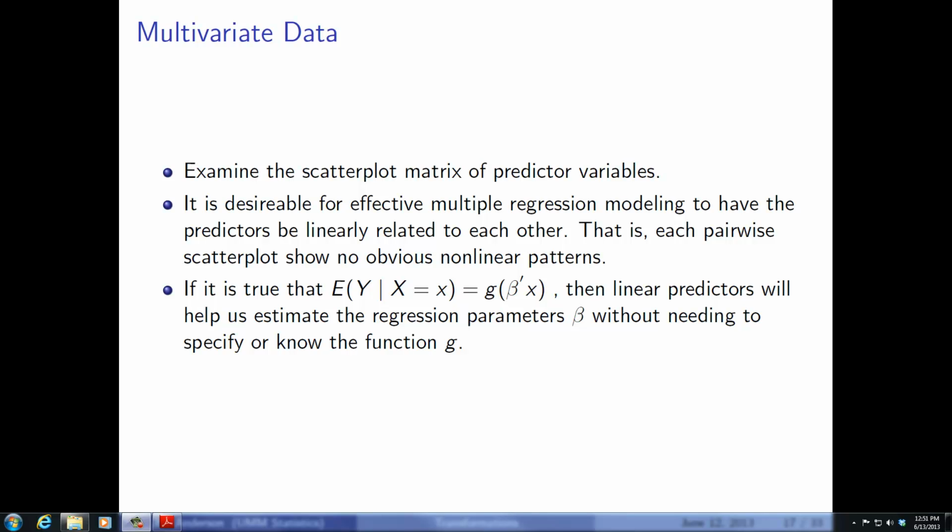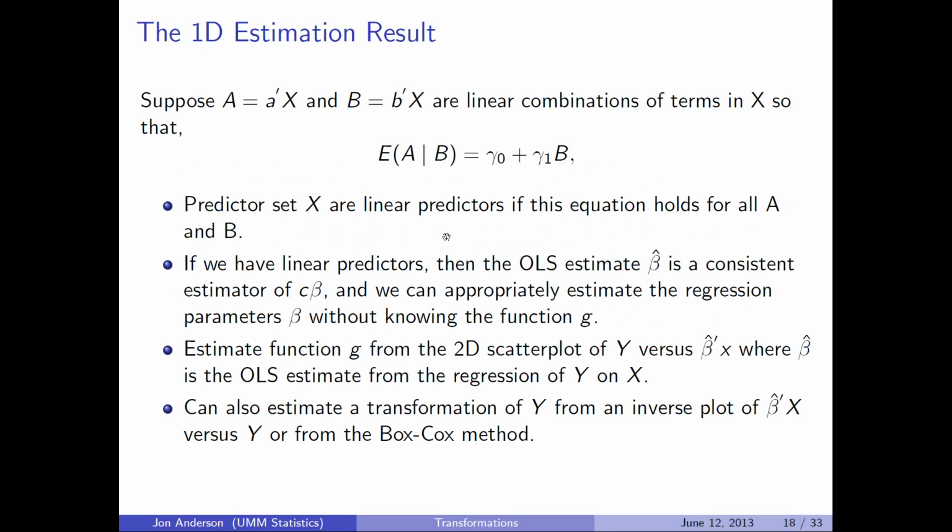We won't need to worry that much about the little g function because it will come to us quite easily if the predictors are linearly related to each other. That is an upcoming attraction.